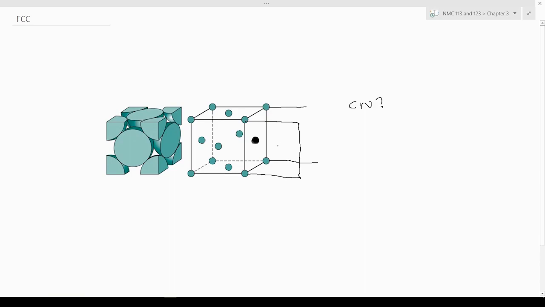Okay, you have one here, the front, one at the top, and then one here at the bottom, and then you have one at the back, and then you have these corner atoms as well.